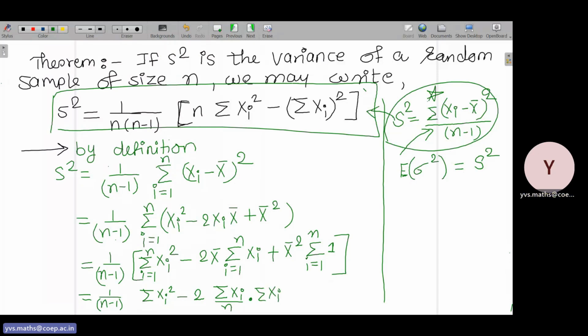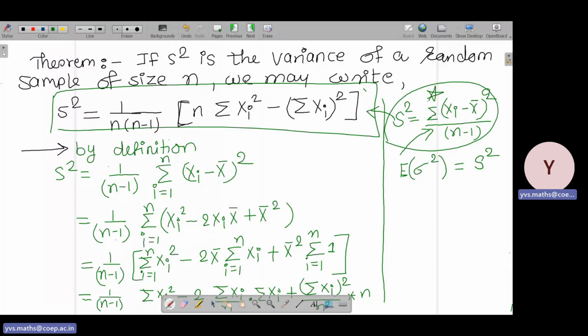Then you have summation xi whole square upon n square, as I'm writing x bar whole square into n.